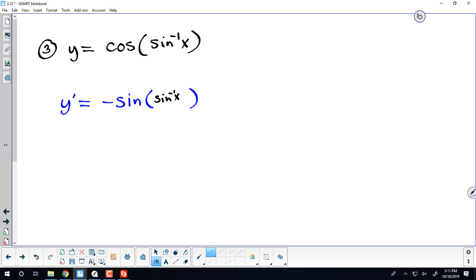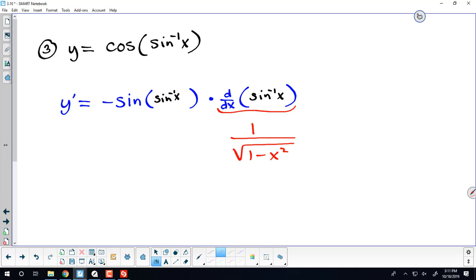Times the derivative. Right, exactly. All of that multiplied by the derivative of the inverse sine of x, which we've already seen. Maybe we don't know it at this point, but that derivative is just 1 over the square root of 1 minus x squared.